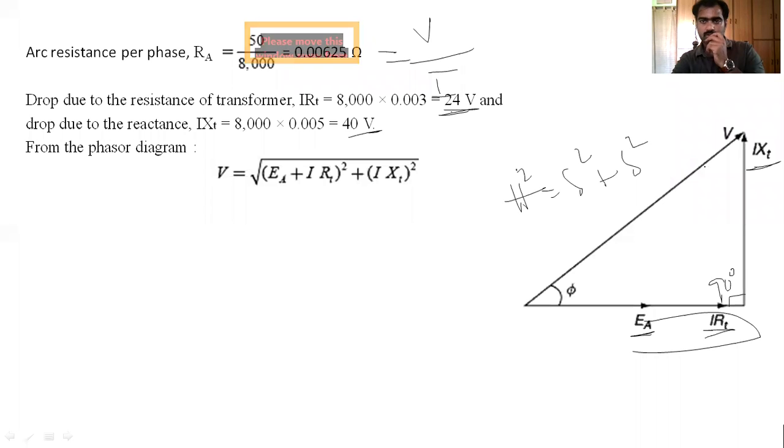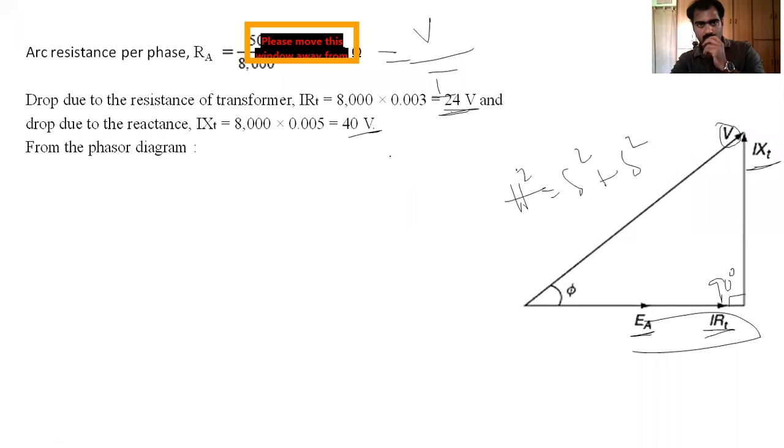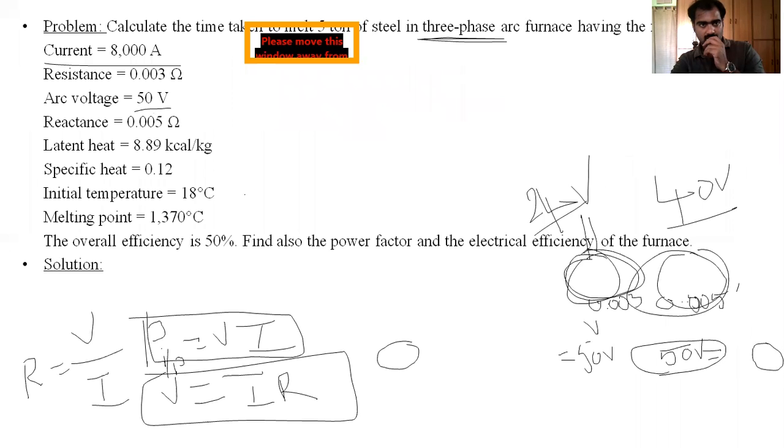So here the hypotenuse is your voltage, sorry, not the supply voltage. V is the voltage produced at the secondary side. This is the arc voltage.